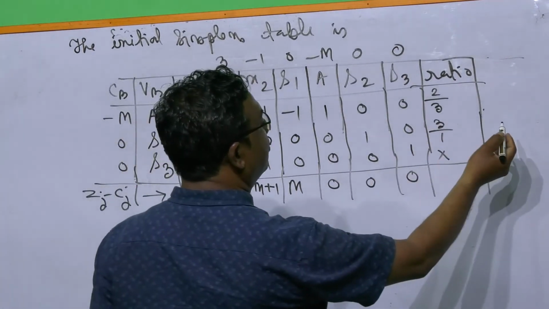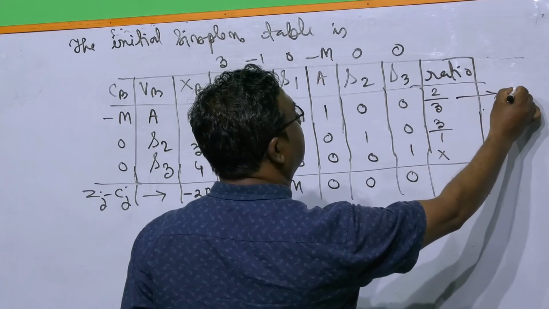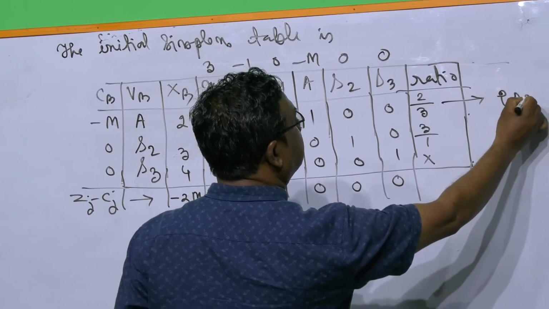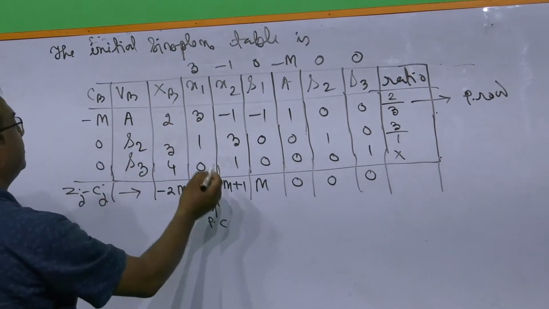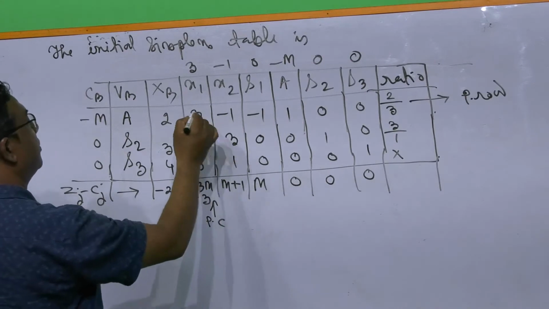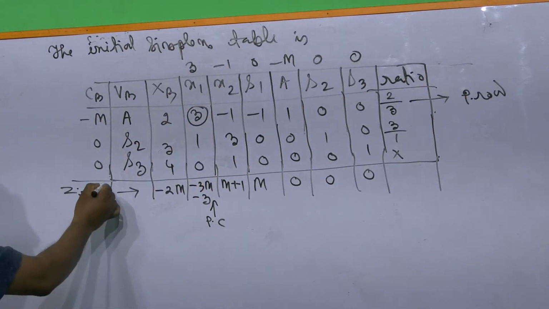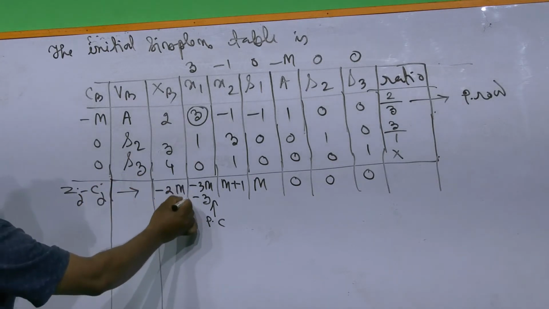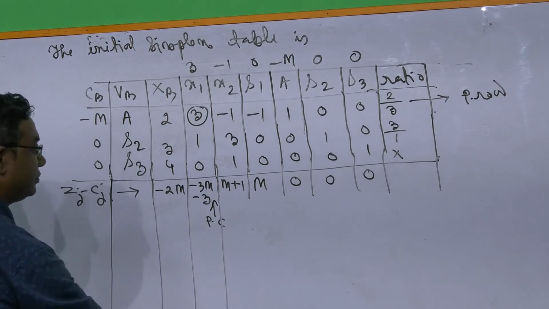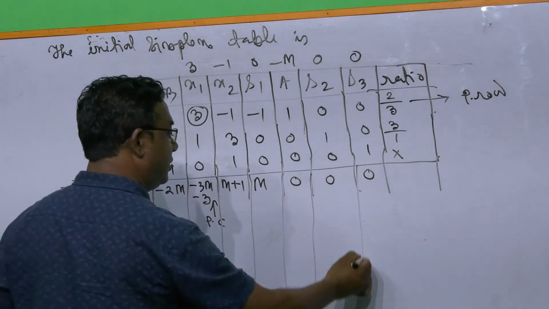So you take the minimum one, this is the pivot row, then this is the pivot column, this is the pivot row, so the pivot element is this. So you can continue for the next iteration, you complete the table.